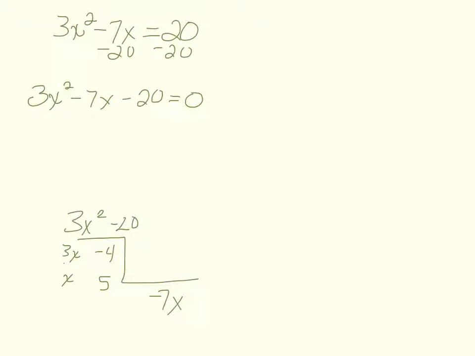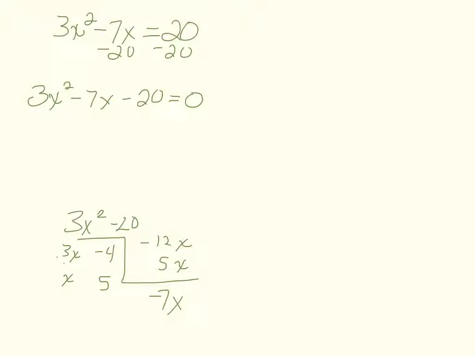So 3x and negative 4 is negative 12x. And x times 5 is 5x. And negative 12 plus 5 is negative 7? Yeah.